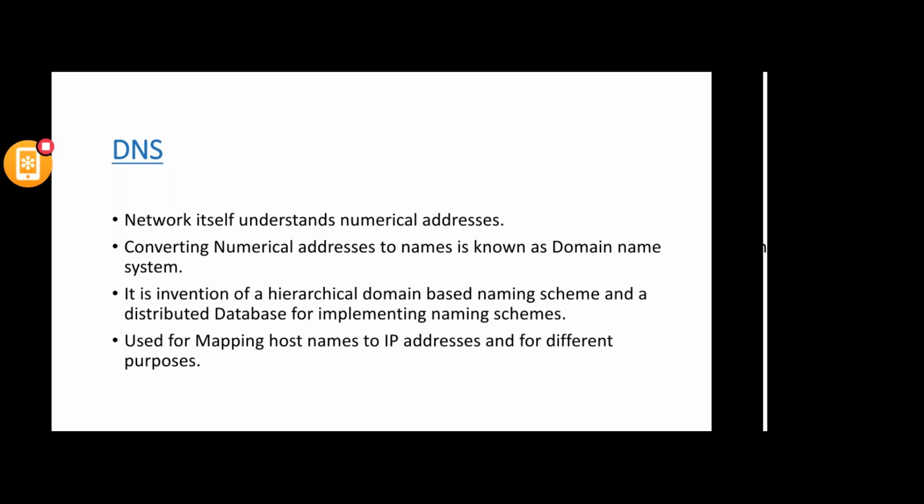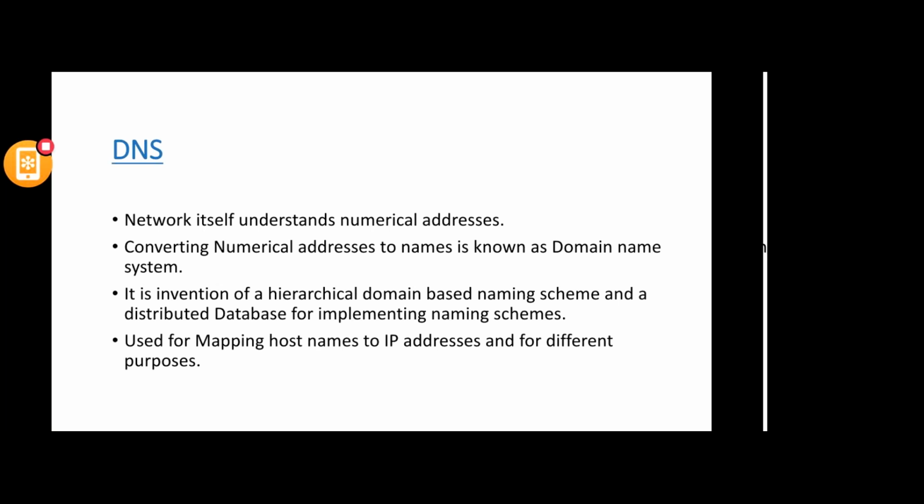The network itself understands numerical addresses. Some mechanism is required to convert the names to the network address. Converting names to numerical addresses is known as the domain name system.